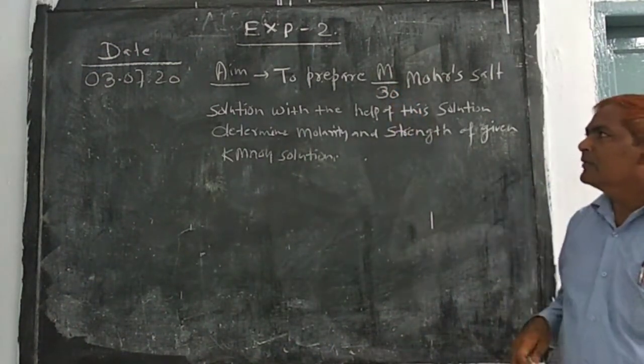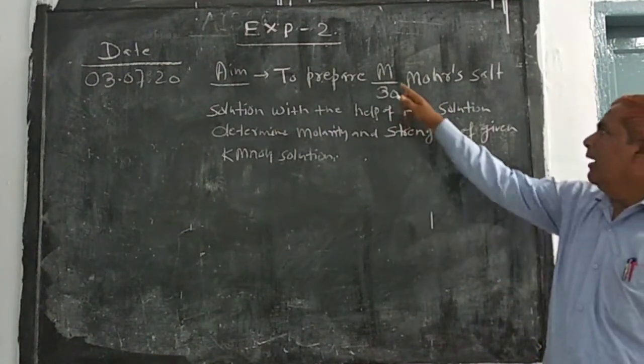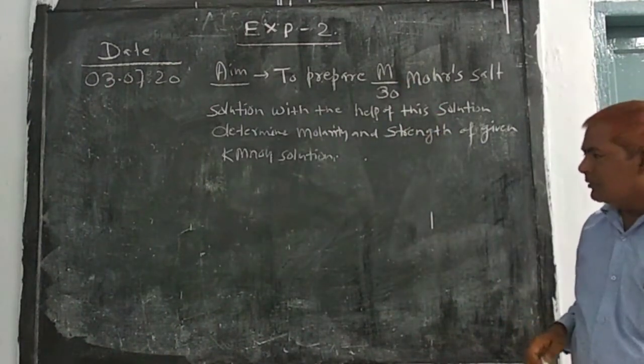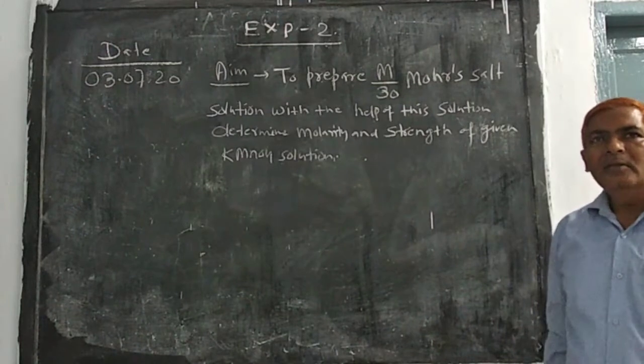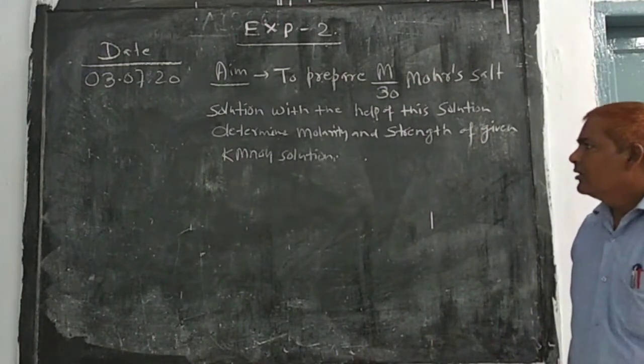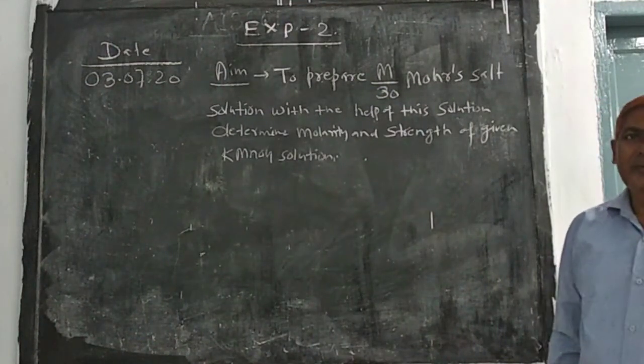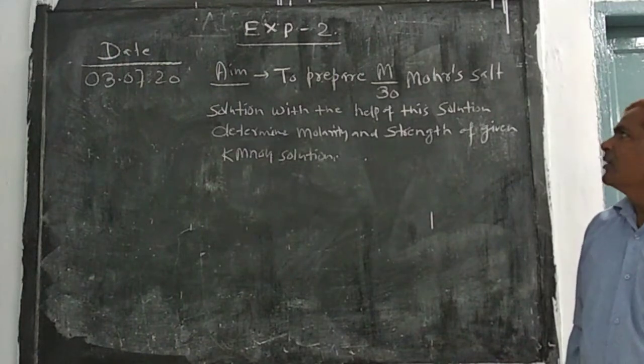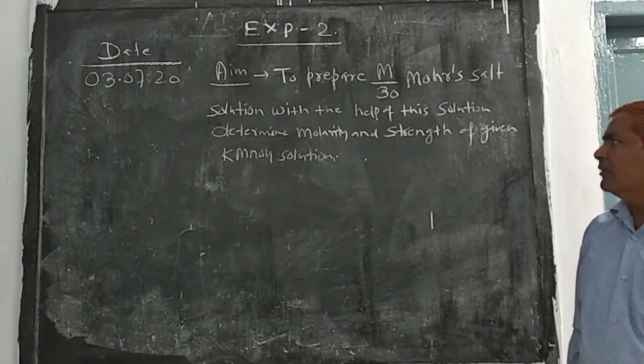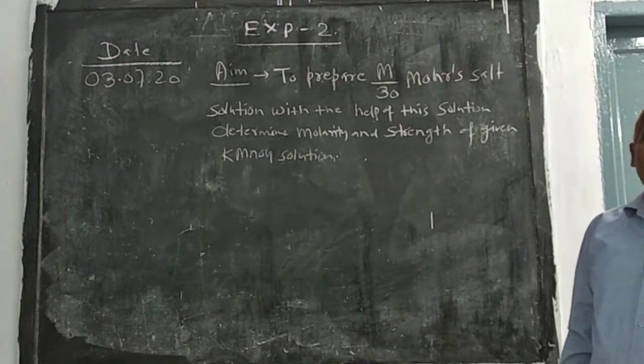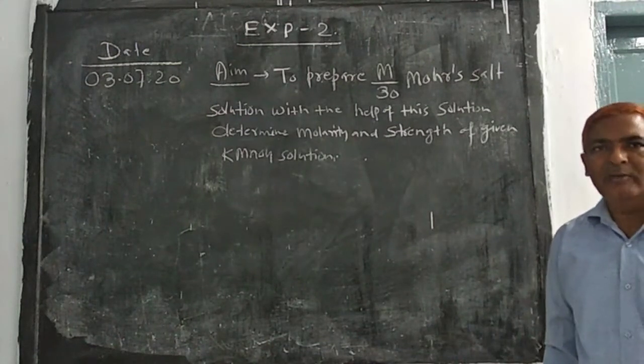In the last class I discussed M/20 Mohr salt solution. So first of all, in this experiment, you have to determine how much amount of M/30 Mohr salt is dissolved in 250 milliliter of water.